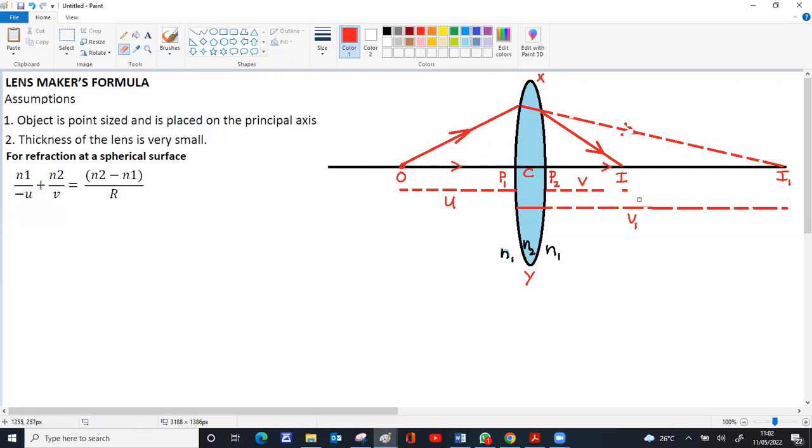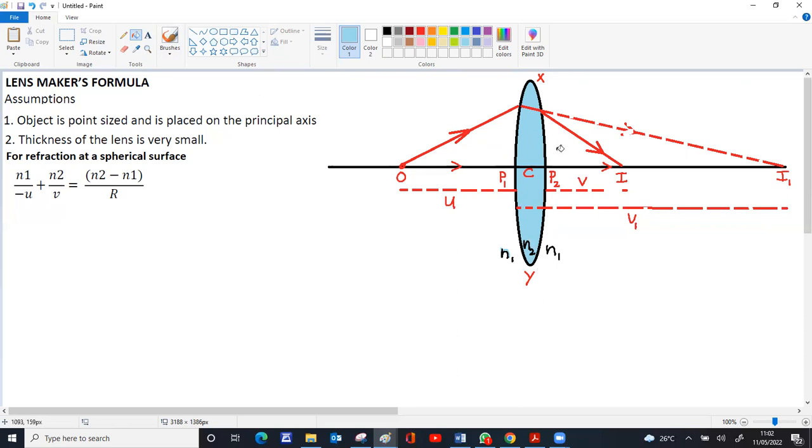Now the derivation based on the diagram. We need to apply the refraction at a spherical surface formula for refraction at the first surface XP1Y, then for the second refraction at XP2Y.